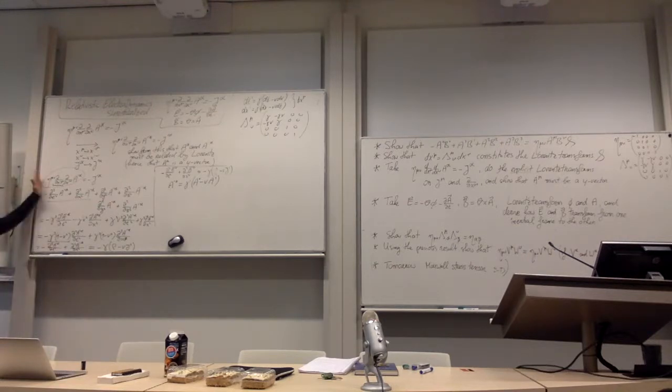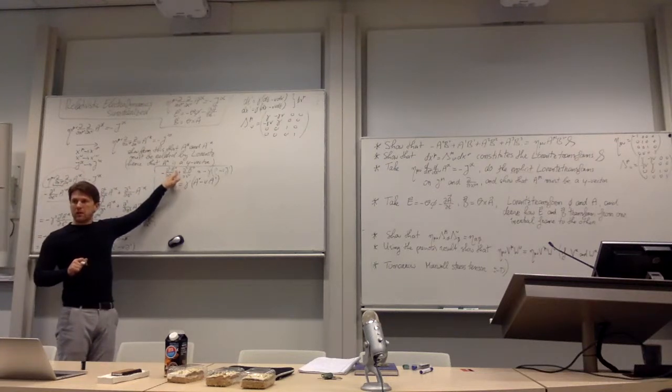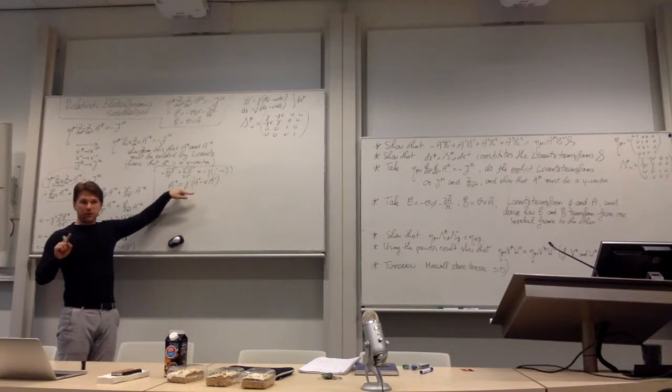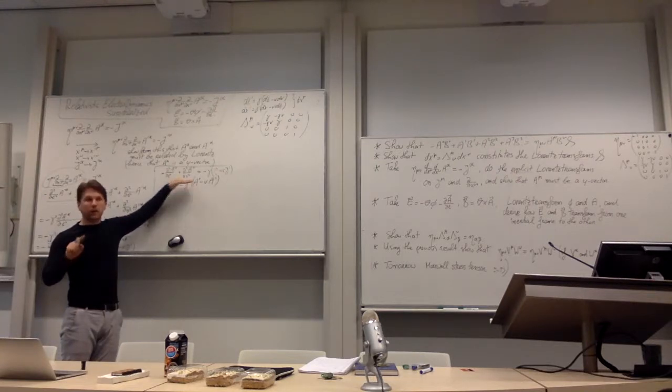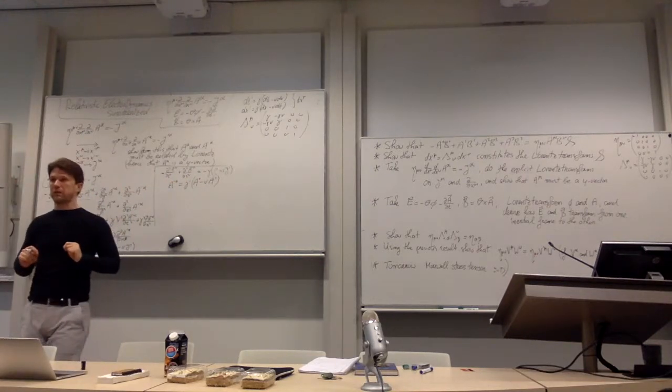Starting with this, we know that this is correct. We applied Lorentz transforms, which we know are correct. We got something in which there's still A primes. In order to show that A primed and A are related by Lorentz transform, I assume that they are. I plug it into the thing that I know is otherwise correct. If the thing that I end up with is still correct, then my assumption was correct.